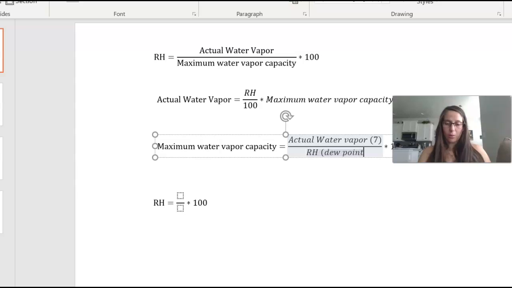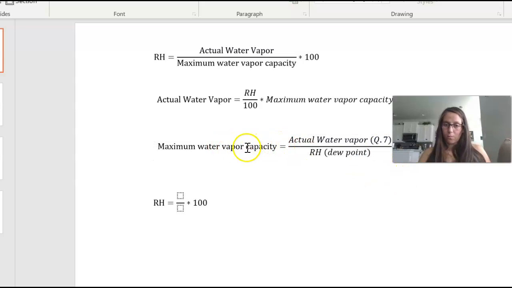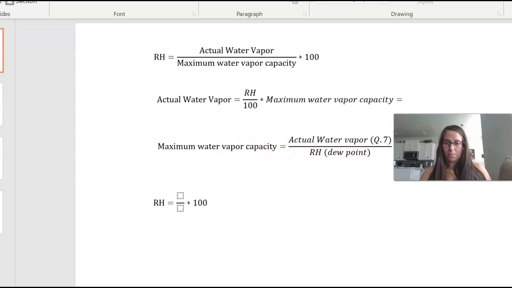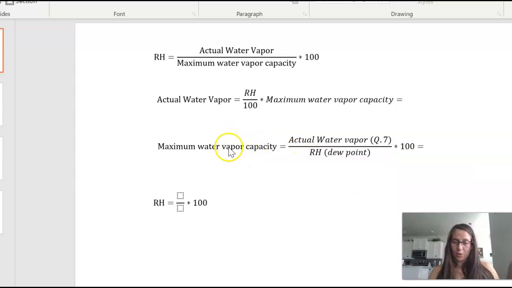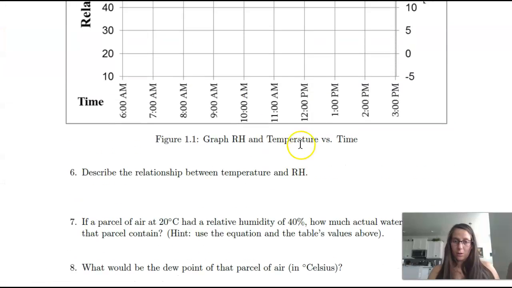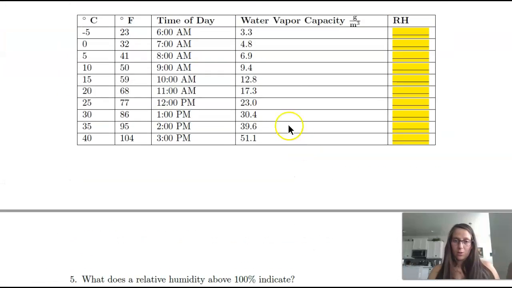So that should help you out to figure out what it is. Okay, so once you figure out what this number is equivalent to, you can use the table to find what temperature that number belongs to.